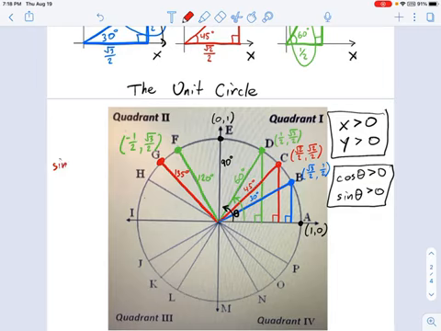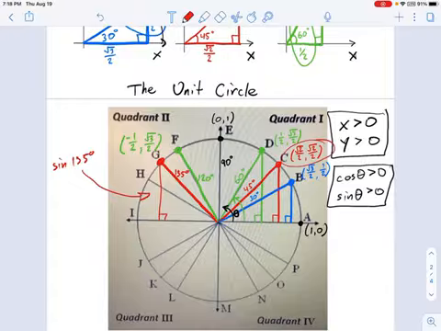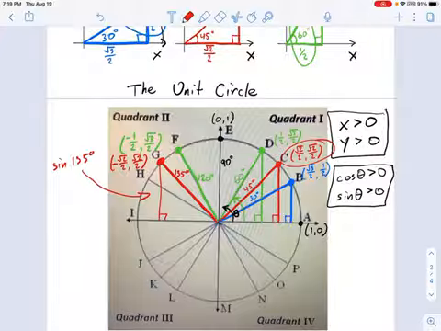Well, sine of 135 degrees is basically me saying, what's the y value at the point G? What is this distance right here? That's the sine of 135 degrees, that y value. And if you look over here, you can see we have everything we need. It's root 2 over 2 and root 2 over 2. Just be careful. The y value is positive, but you can see the x value is negative. So we have to keep track of that with a little negative sign right there.